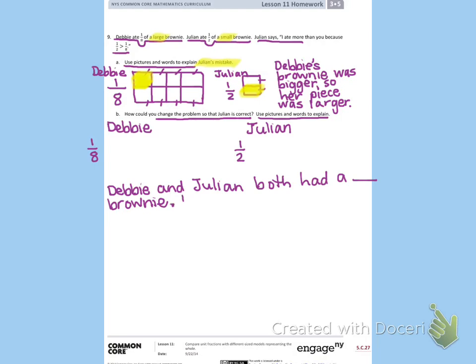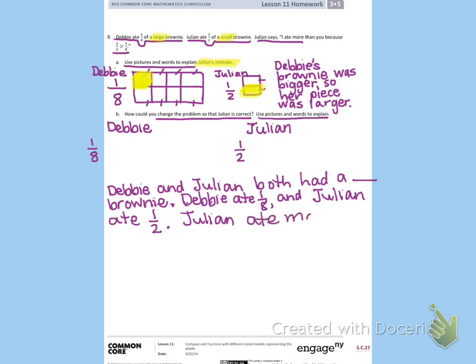And then you will write Debbie ate 1/8 and Julian ate 1/2. Julian ate more because 1/2 is greater than 1/8. All right, finish it up on your own.